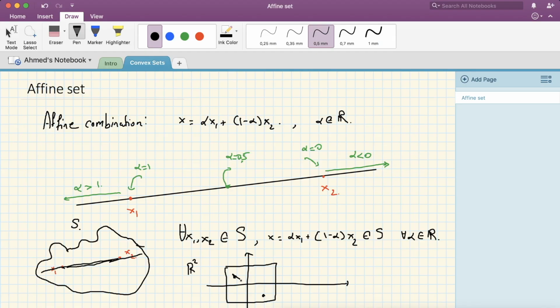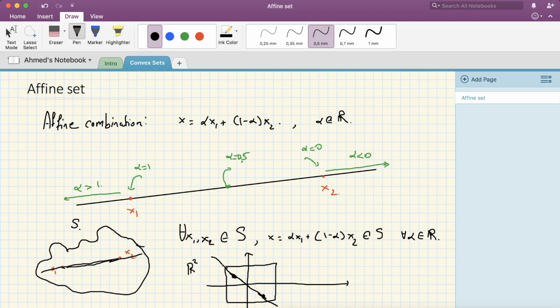Well, this straight line, this affine combination of those 2 points, does not belong to this set, simply because it's outside the borders of the square. Therefore, we found a counterexample of 2 points such that their affine combination is not within the set, and therefore we conclude that the square set right here is not an affine set.